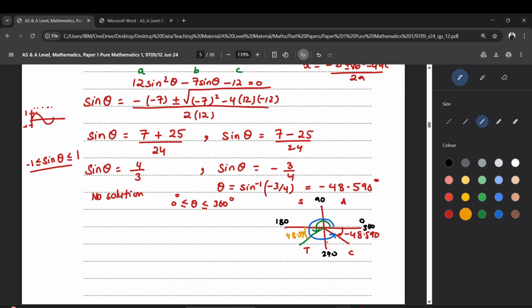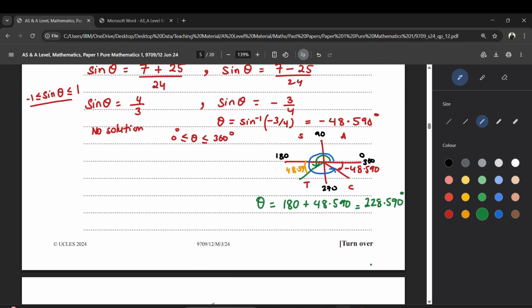So in order to find the green angle, theta is equal to 180 plus 48.590, and that gives us 228.590.